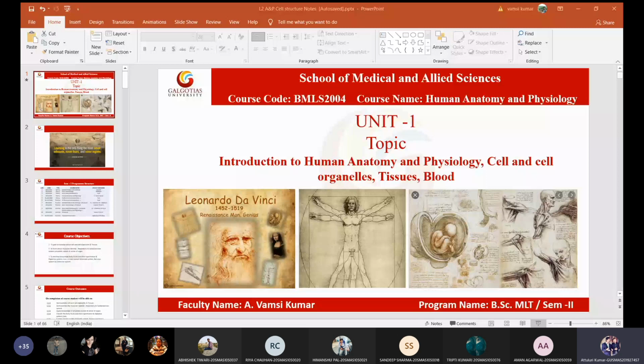These are examples of connective tissue. Then we have muscular tissue: skeletal muscle tissue, cardiac muscle tissue, and smooth muscle tissue. Whereas in nervous tissue, we have central nervous tissue and peripheral nervous tissue, along with one more tissue called glial cells, which are like a modified connective nervous tissue.